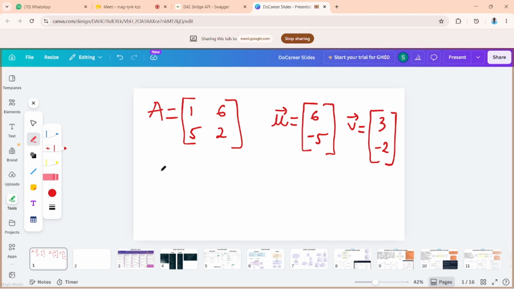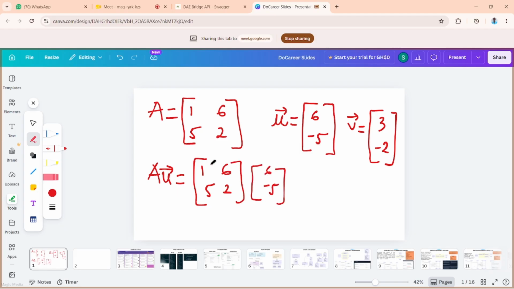Let's start. To do that, you have to multiply matrix A by vector u. You remember how we do the multiplication. We have 1, 6, 5, 2 against u, which is 6, -5. You can see that this is 2 by 2 against 2 by 1.